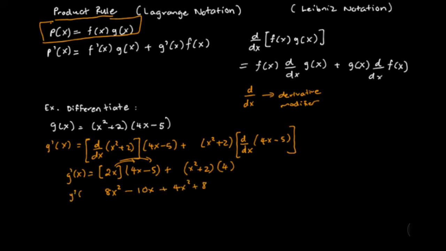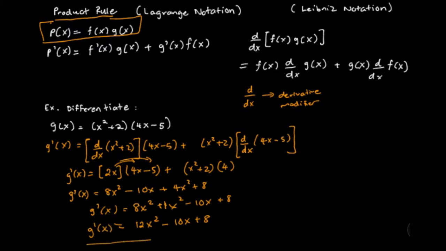And this is g prime of x. Then you can collect the like terms. So g prime of x here is equal to 8x squared plus 4x squared minus 10x plus 8. In this case, you get 12x squared minus 10x plus 8. And that's basically your derivative function.